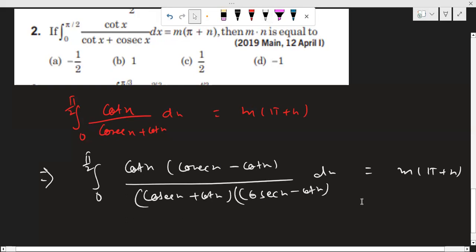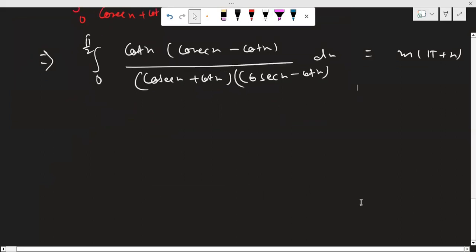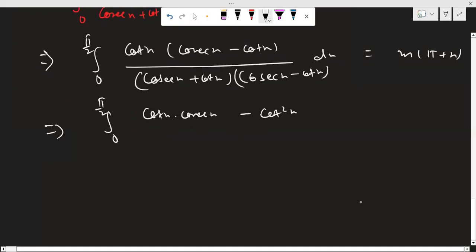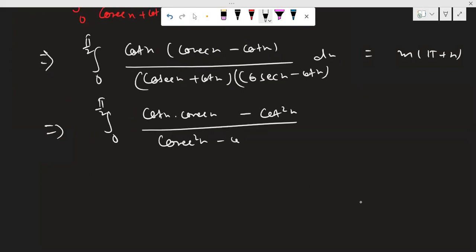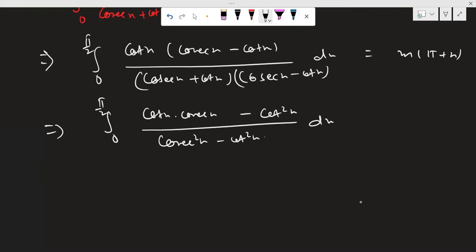So we have from 0 to pi over 2 cot x into cosec x minus cot square x in the numerator, and in the denominator we have cosec square x minus cot square x. We know the identity cosec square x minus cot square x is 1, so we can rewrite them.